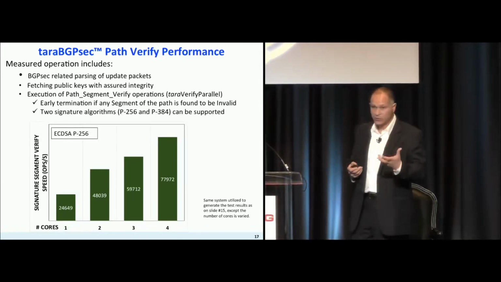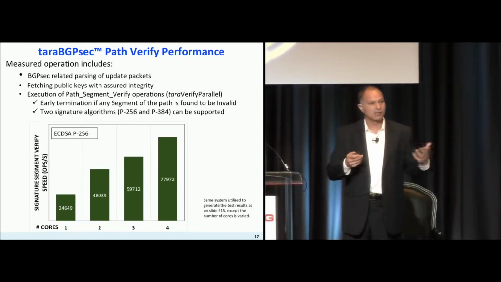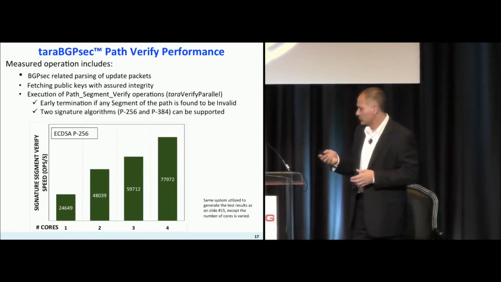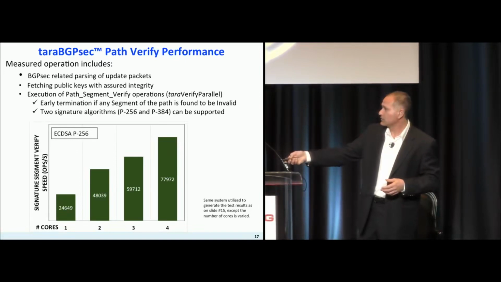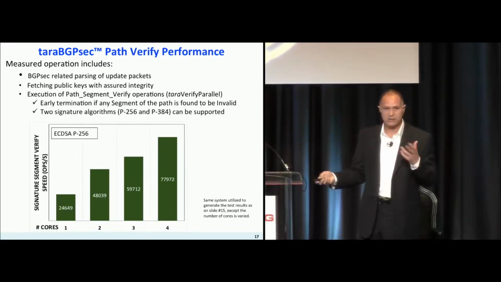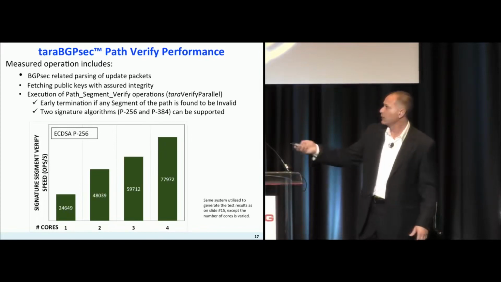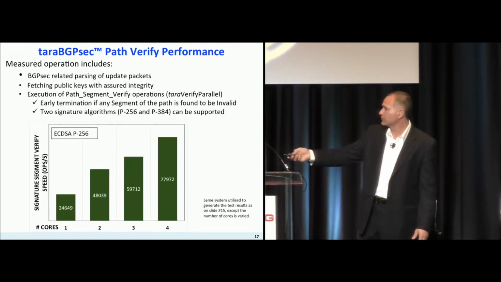So we're going to take each hop, we're going to assemble that data, we're going to hash it, and then we're going to go validate that particular signature. So in this particular case, what we're showing is a single core. If you remember, the ECDSA operation by itself was about 30,000. When we add all of these other elements brought in, we're about 24.6K, which is pretty respectable.